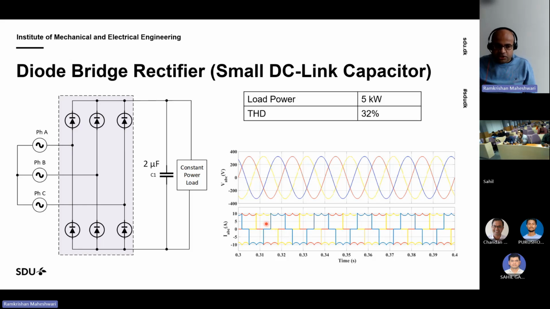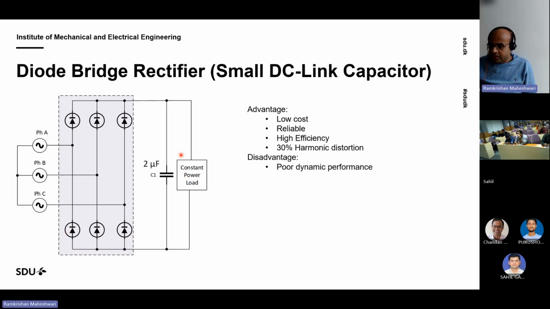And if we have a quasi-square waveform, then the THD is 32% or 30% approximately, we can say. Now from 200%, we come to 30%. So that is good. That is one advantage of having a small DC link capacitor, that it can improve the THD for the AC side.